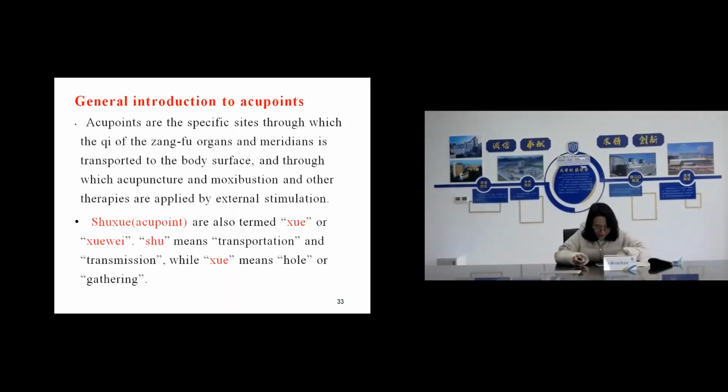Acupoint in Chinese means 输穴. 输 means transportation or transmission. 穴 means hole. So 输穴, or acupoint, is the special seat through which the qi of the zang organs and meridians is transported to the body surface.